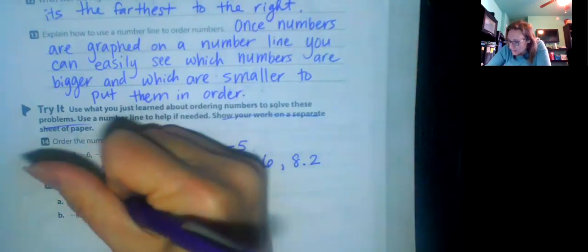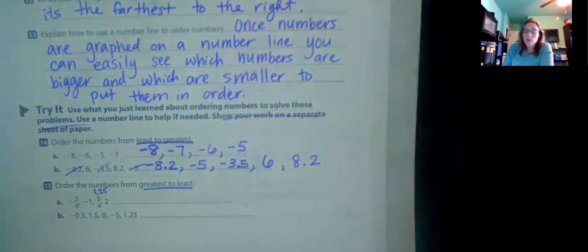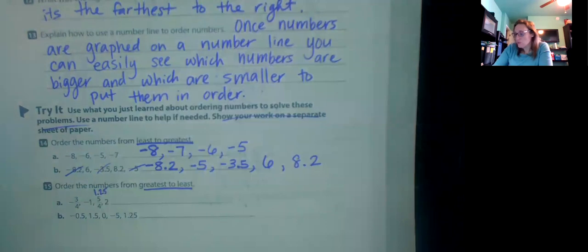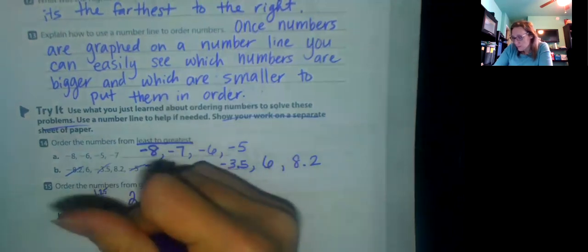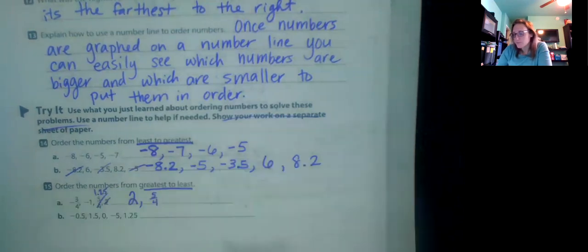So you either have $1.25 or you have $2. Well, $2 is the biggest number. Then we have our 5/4, our $1.25.